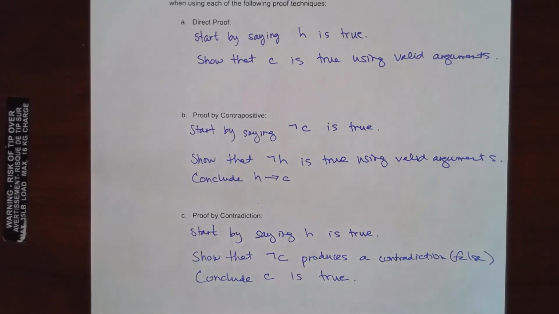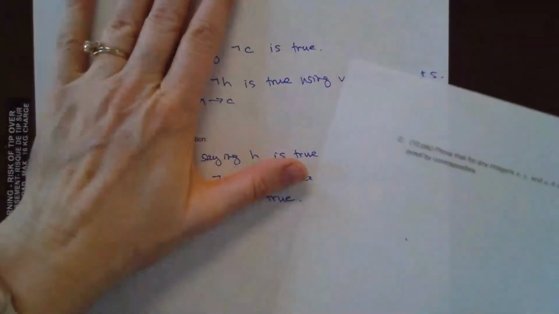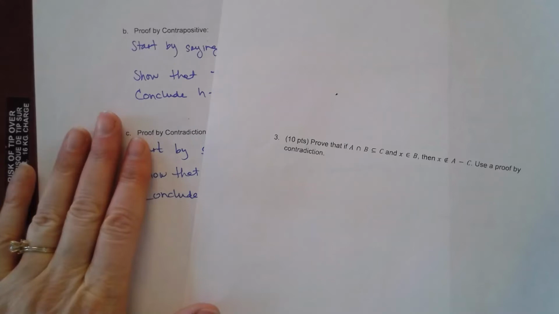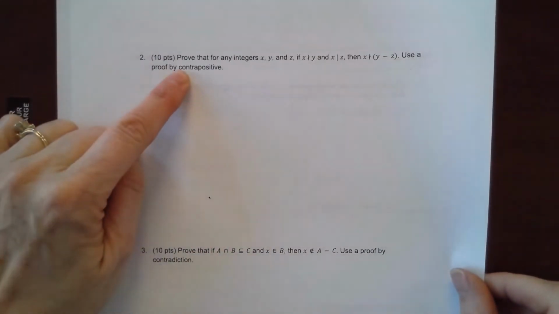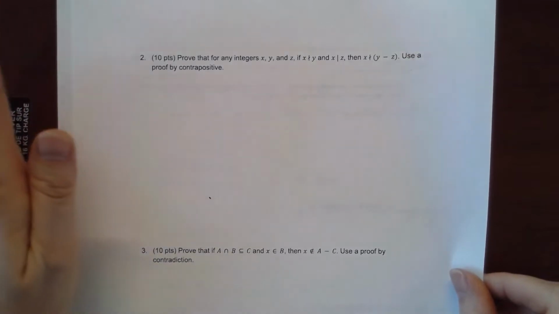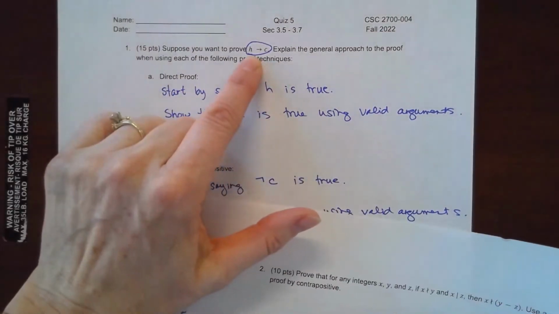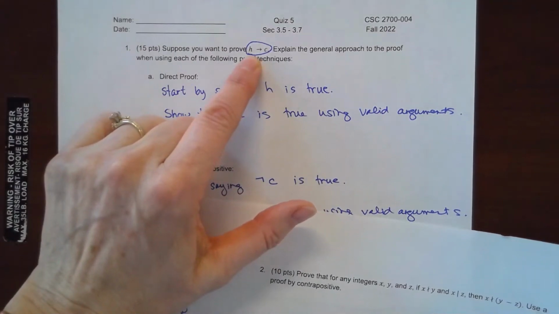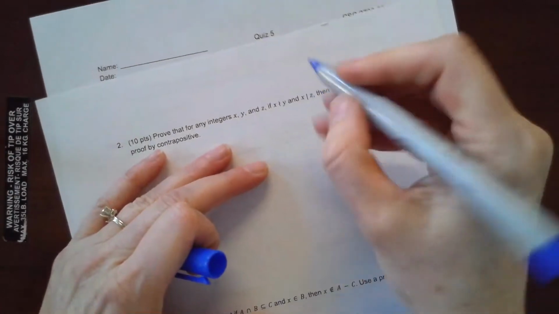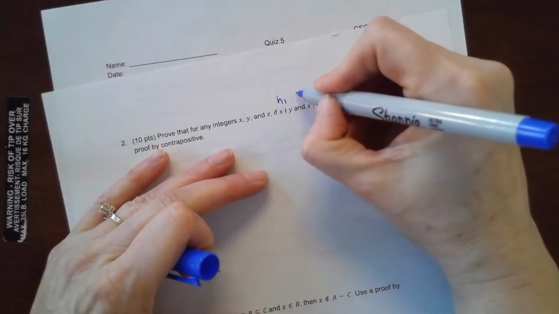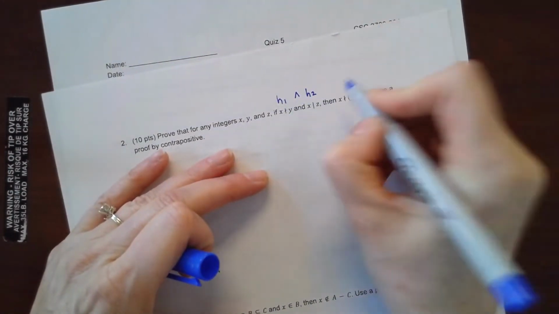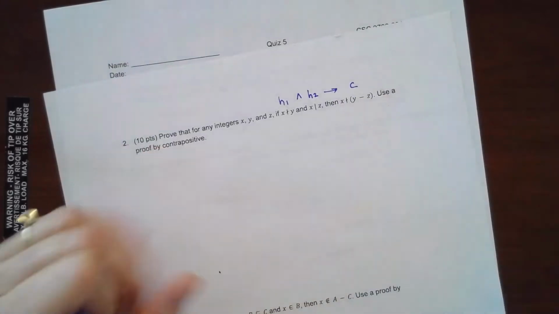So let's go through these two proofs and see how this plays itself out over here. Okay. So, in the first one, we're using a proof by contrapositive. Now, of course, this one's a little bit tricky because you don't just have an easy hypothesis here. So you need to know that this has the same form as hypothesis 1 and hypothesis 2, then conclusion.